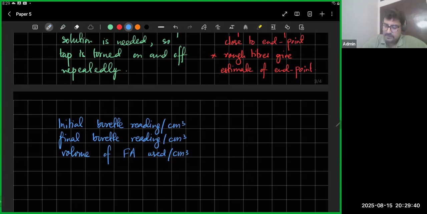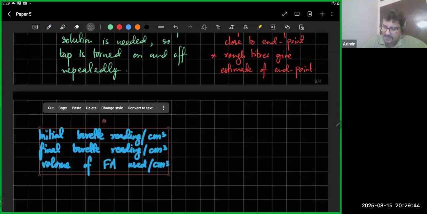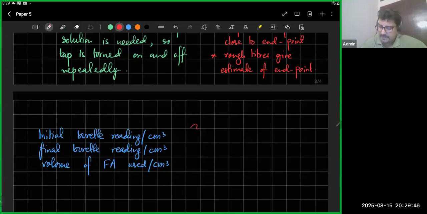slash cm cube. There's going to be, as I said, in this table, a rough titration. There's going to be experiment one, experiment two, and so on. So you'll do several experiments and figure out what the best results are.